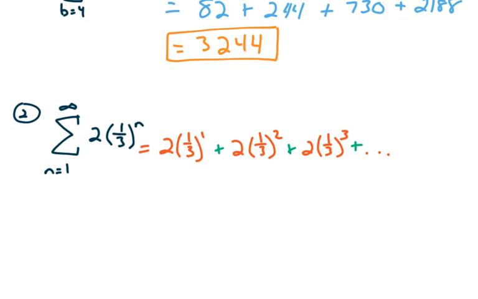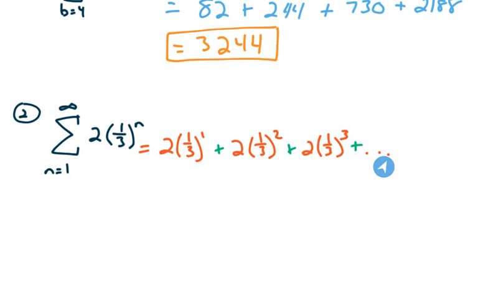So now how do we add up an infinite sequence? Well, this is not a sequence, this is a series. We can add up an infinite series if it's geometric. This is geometric because this is the formula, a sub 1 times r to the n power. Since this is a geometric series, we can use the formula we learned in section 12.3, the infinite series.